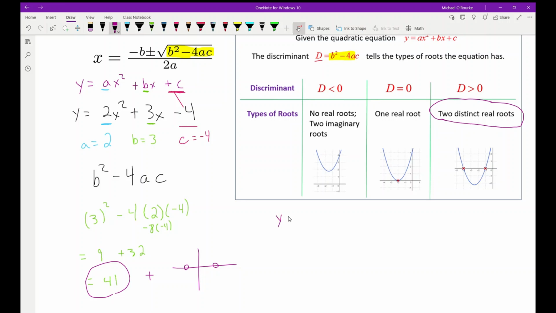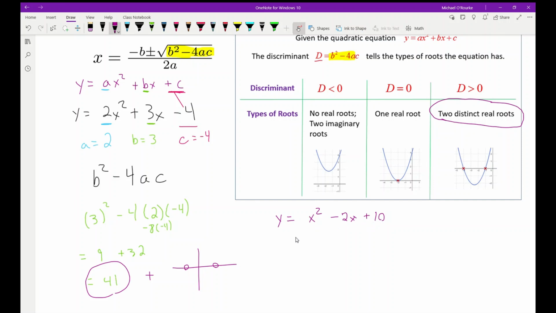Let's go y equals x squared minus 2x plus 10, let's say.